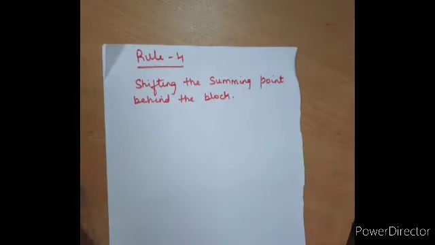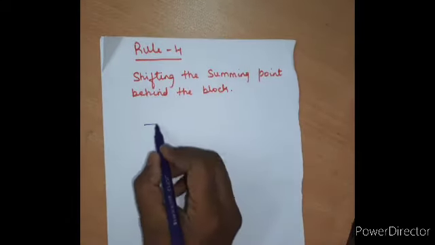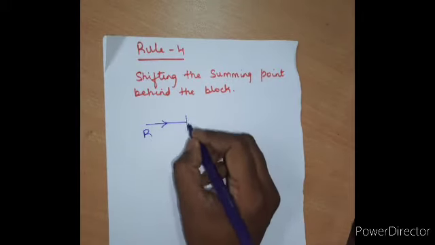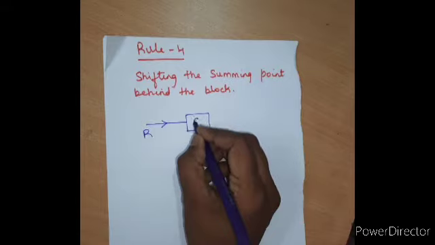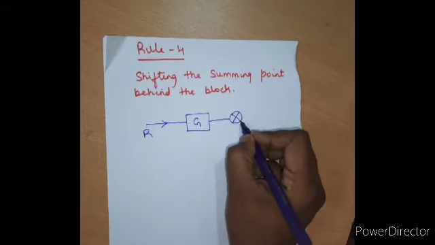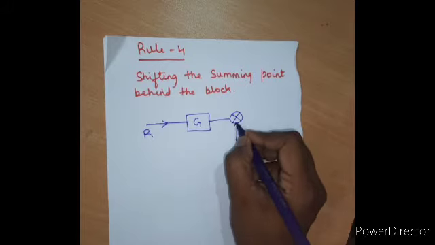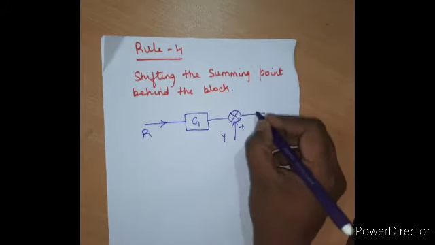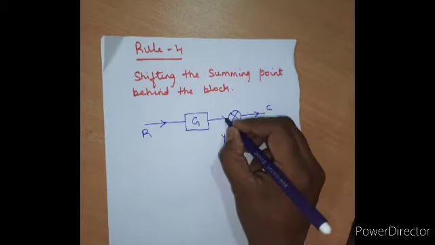What is that? My input is R. I have a block of G here. Then I have a summing point here. Let the summing point input Y be added to it, and you will get the output C.